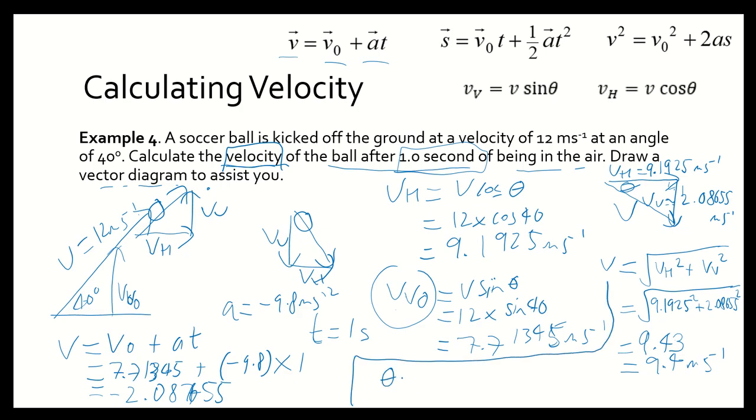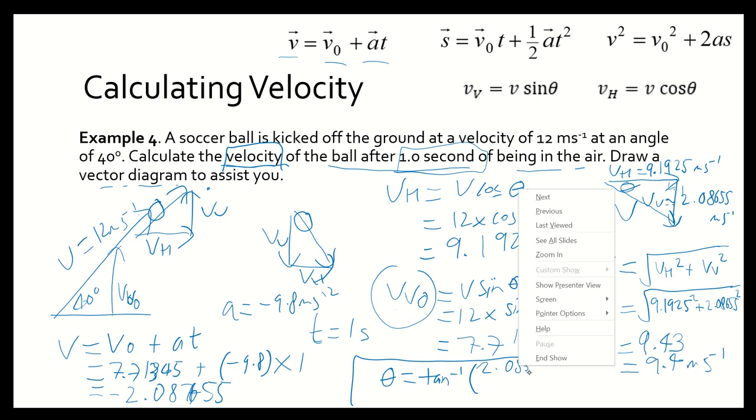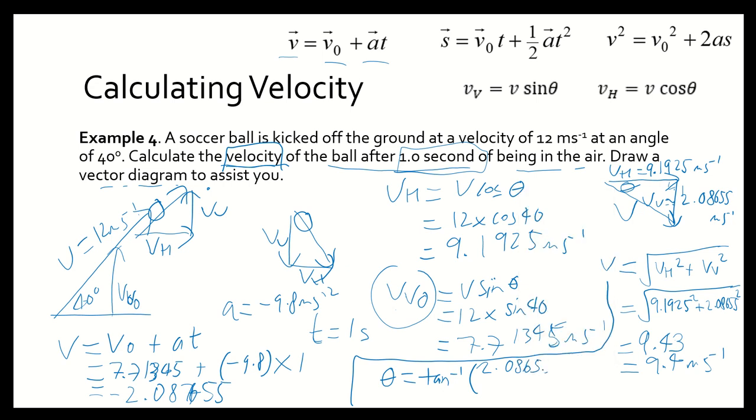To find the angle, it's just going to be tan to the minus 1 of the opposite side, 2.08655, divided by my adjacent side, 9.1925. Let me know if I've made a mistake.